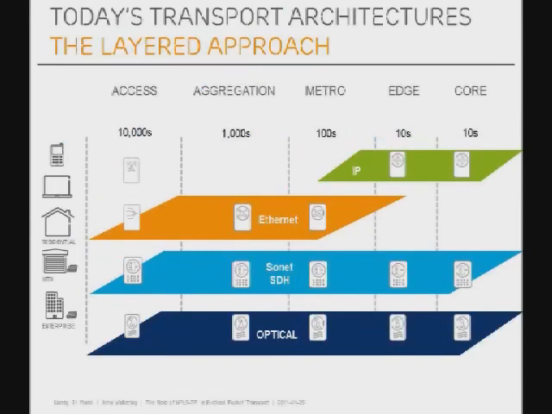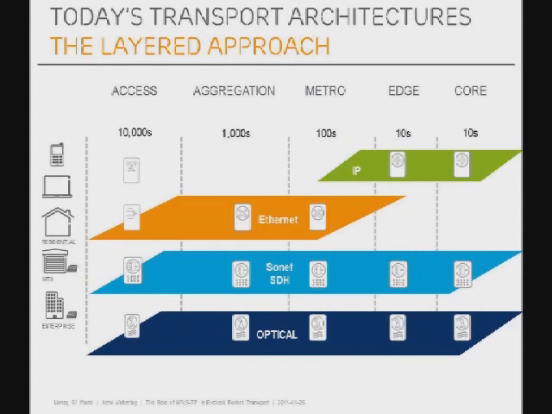So in today's transport architectures, it's typically built out of a layered approach. Typically, every transport network has an underlying optical layer, which typically has DWDM equipment to optimize the capacity of a single fiber. In this DWDM, typically the operators are running SDH or SONET services to transport legacy as well as Ethernet traffic.